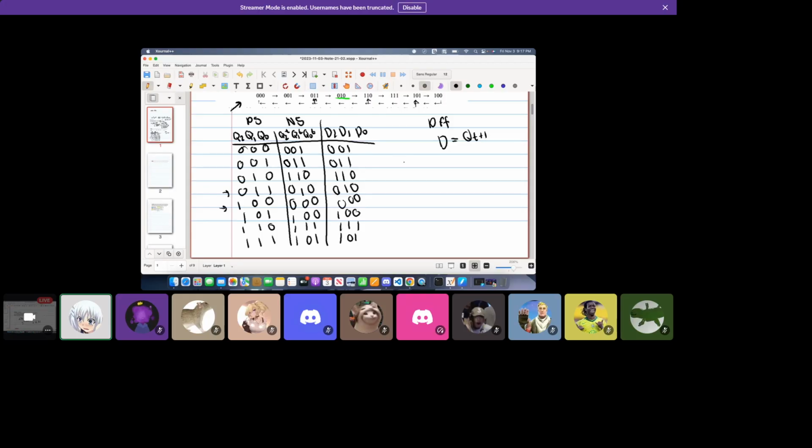Next step is forming your K-maps. We have Q2, Q1, Q0. Another important thing is make sure you always count down, or you follow the same counting pattern that you use for the K-map and the truth table.